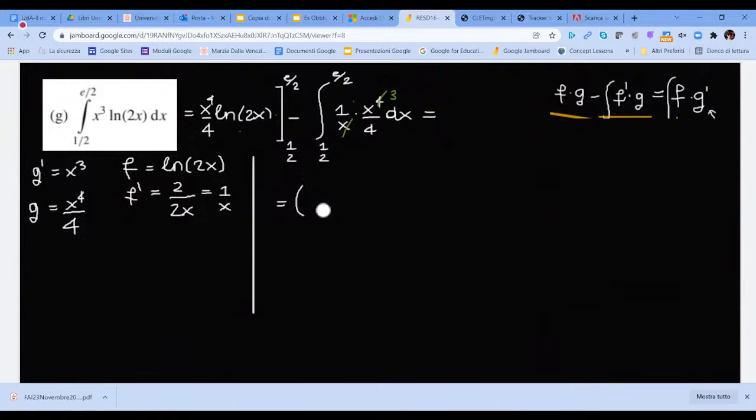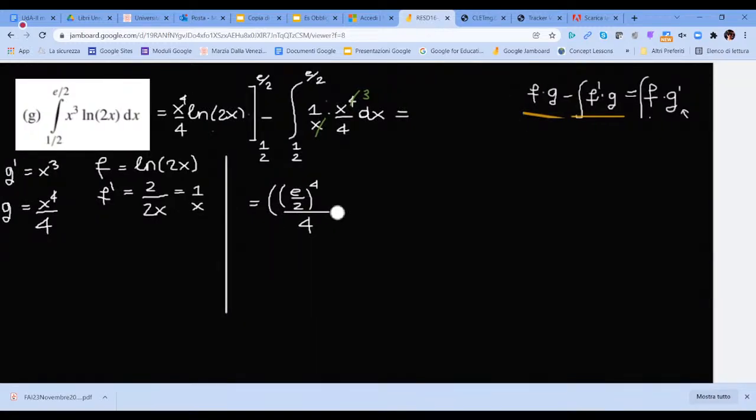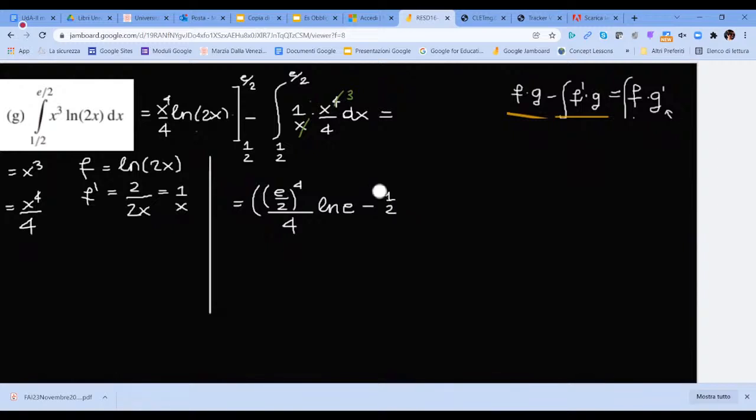Okay, so it is x to the fourth. So it is e divided by 2, to the fourth, divided by 4, times logarithm of e, because 2 times e half is e, minus 1/2.